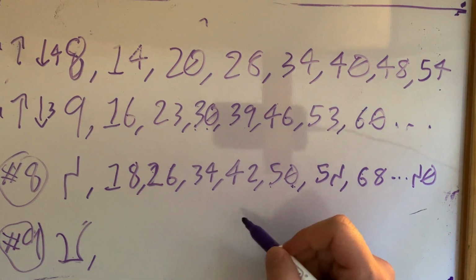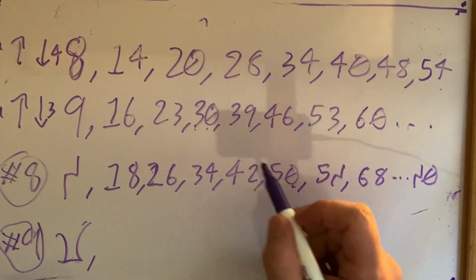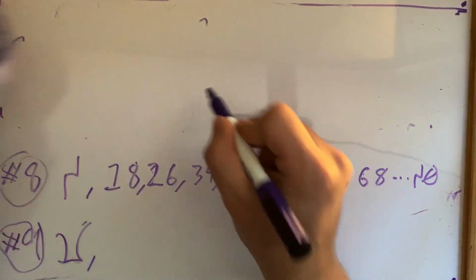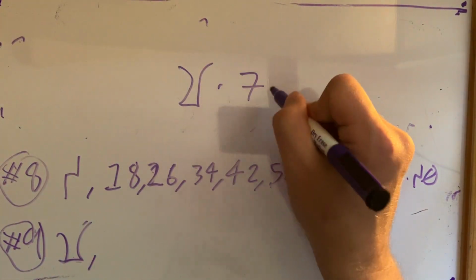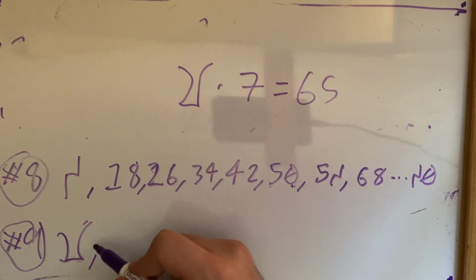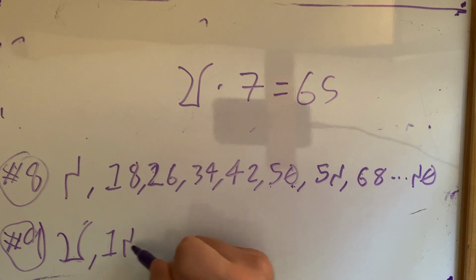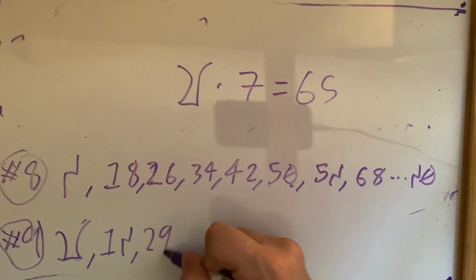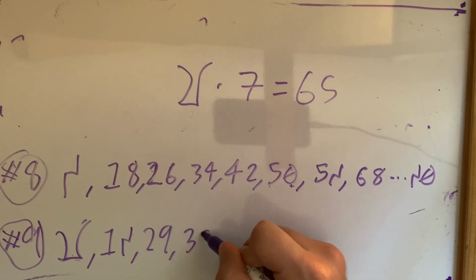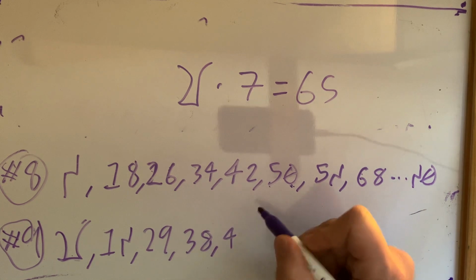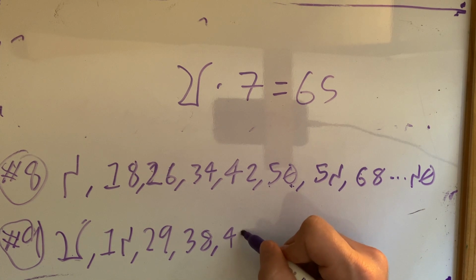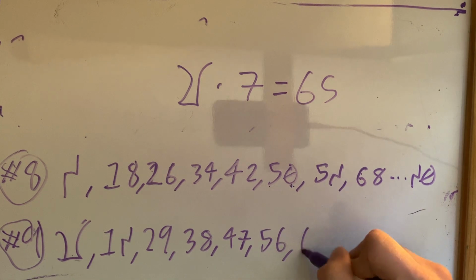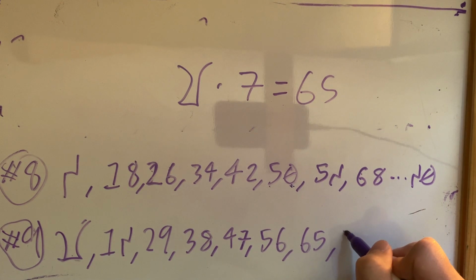Let's see. Oh, that's not visible to y'all. Let's put it up here. 11 times 7 equals 65. So 11, we get 10, 28, 29, 38, 47, 56, 65, 70.